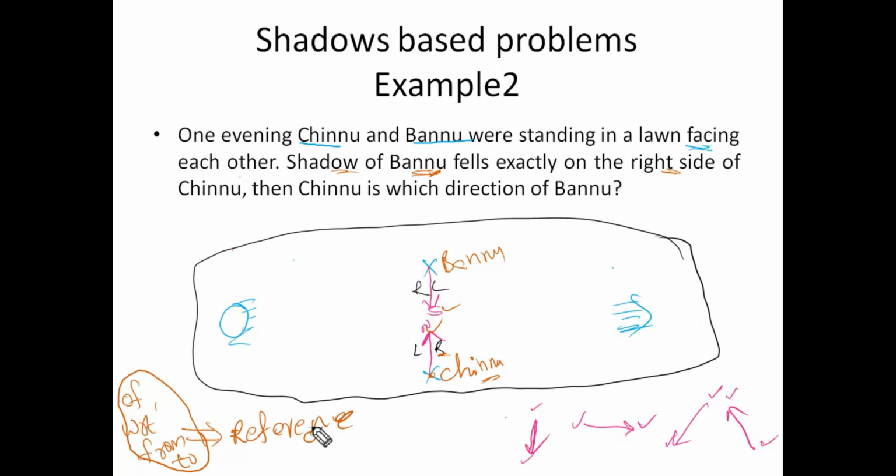The reference is nothing but the origin. So here the question is, Chinnu is in which direction of Bannu? Of Bannu. So if Bannu is the origin, to see Chinnu, in which direction do we need to look? That is towards south. The answer is south.